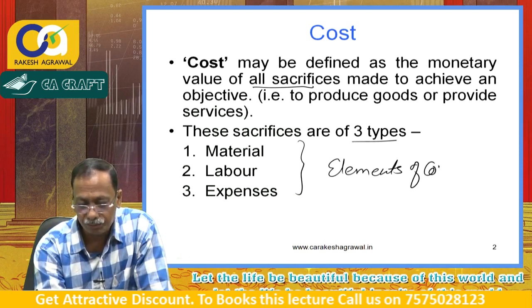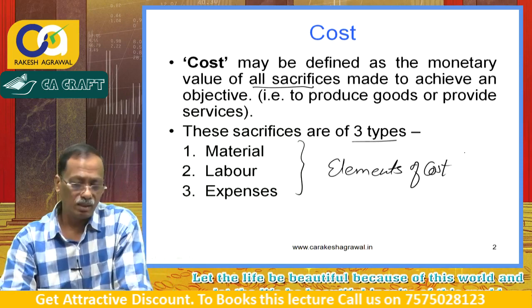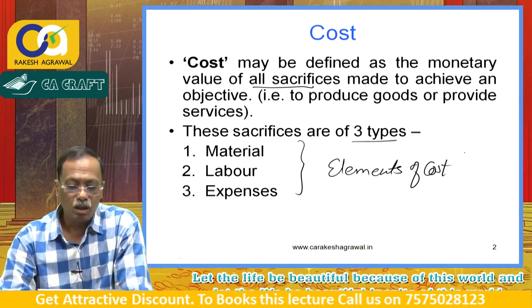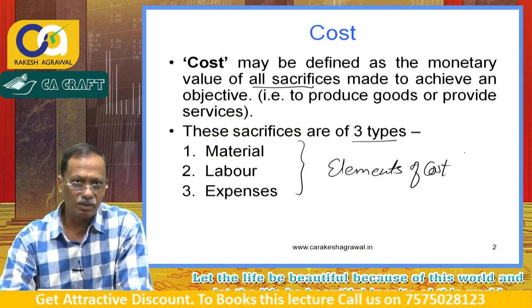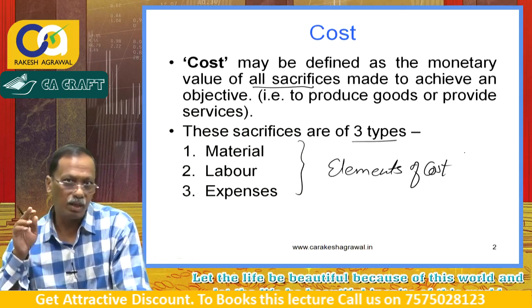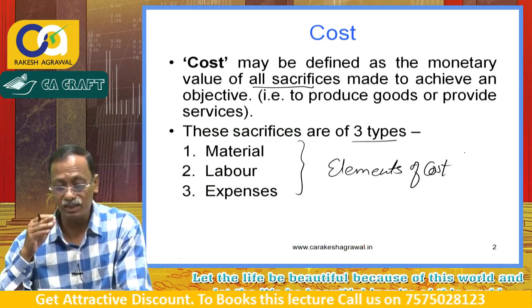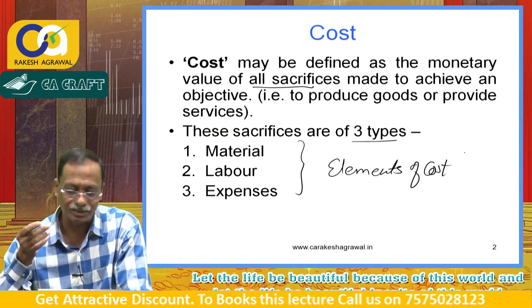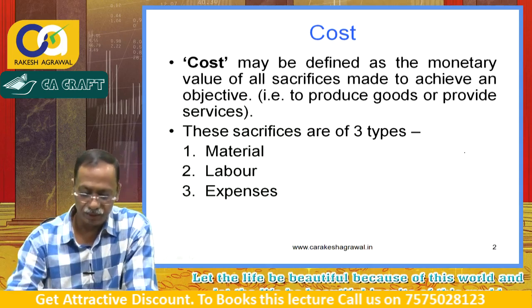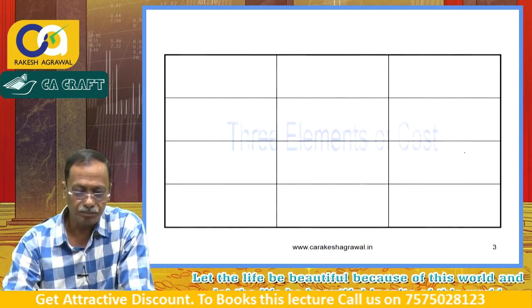Now some of you may say, sir, we have studied the elements of cost as material, labor and overheads, but you are telling us material, labor and expenses. I will come to it just now in the next slide.